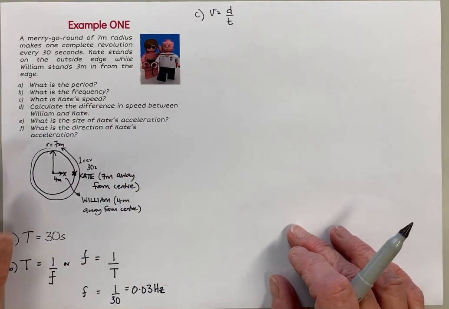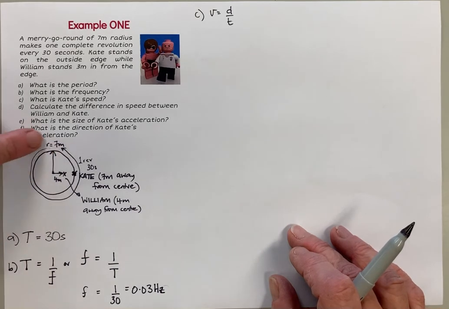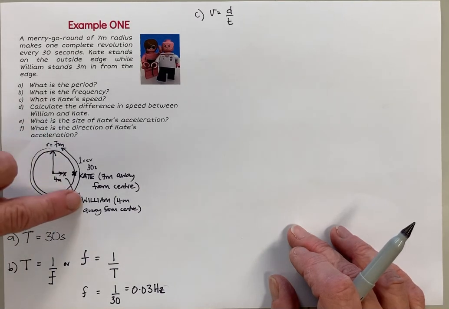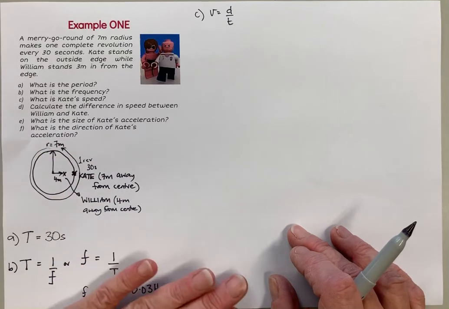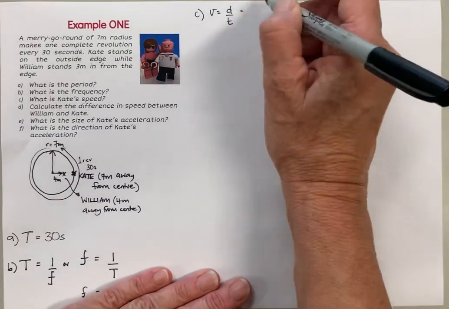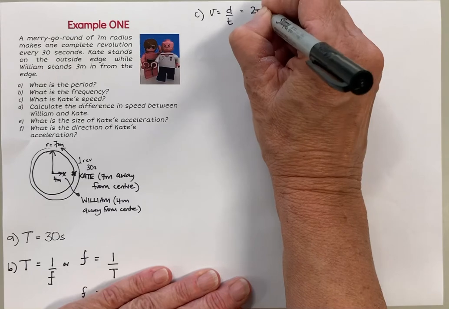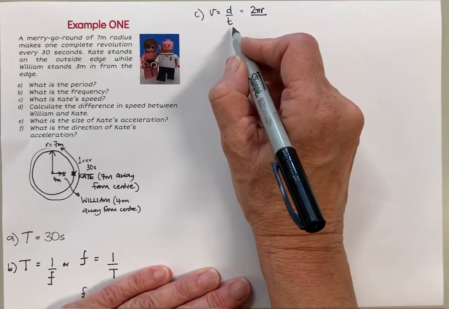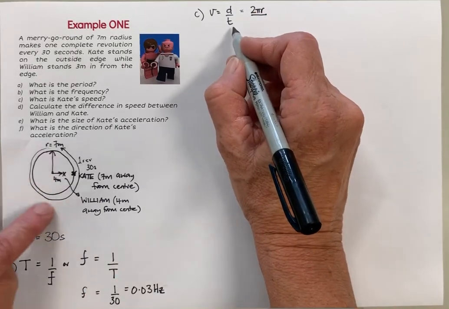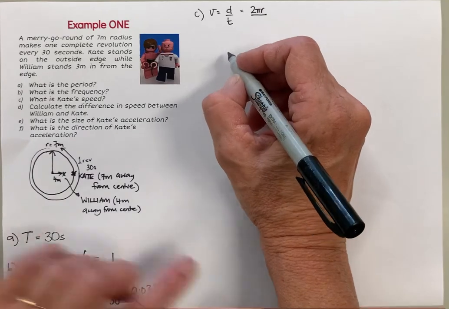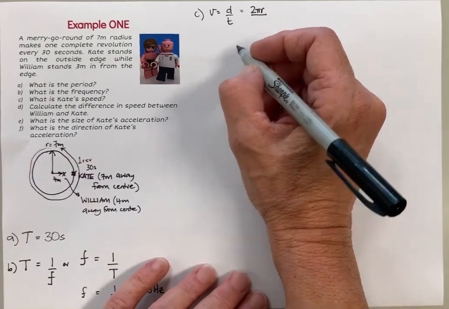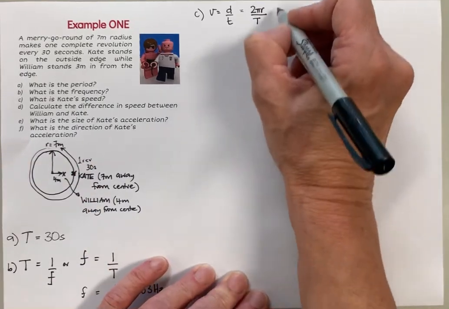We're going to have to delve back probably to our Year 9 maths, and we're looking for how to work out the distance around the circle, which is the circumference, and that's 2 pi r, and the time it takes to move through that one revolution is the period, so that's why we change that to a capital T.